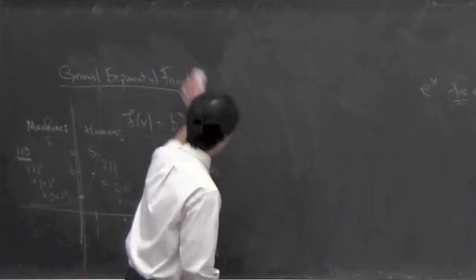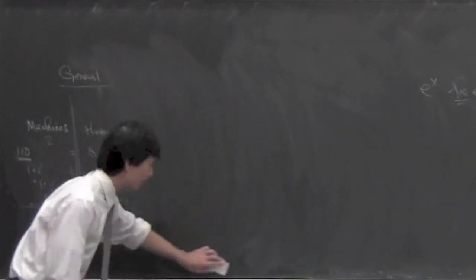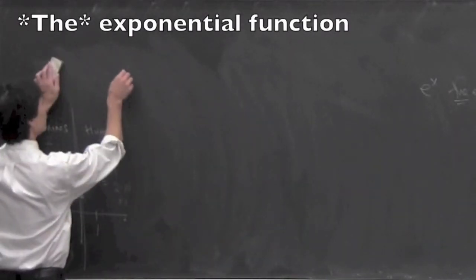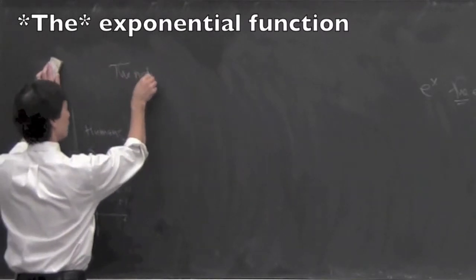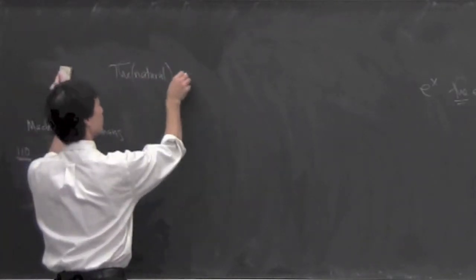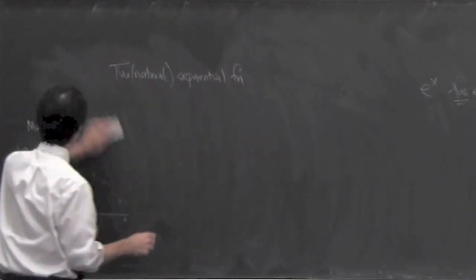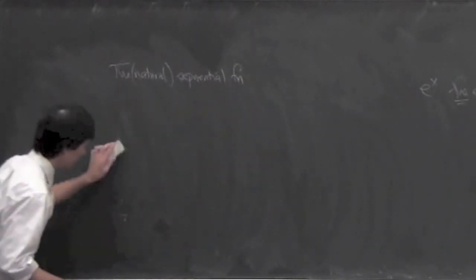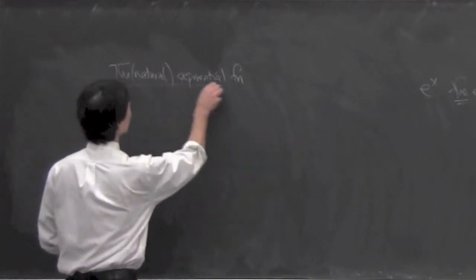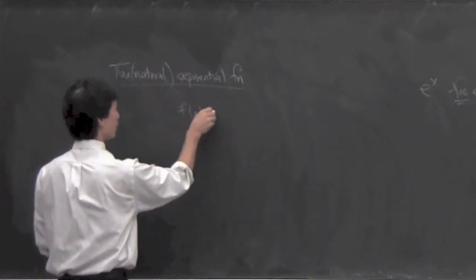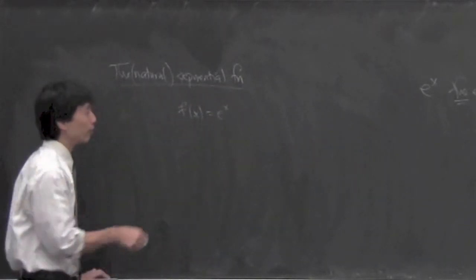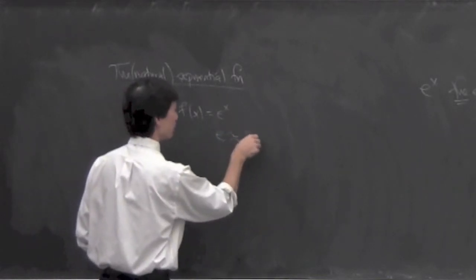Okay, so there's this base, right? There's the natural exponential function, f of x equals e to the x, where e is this number.